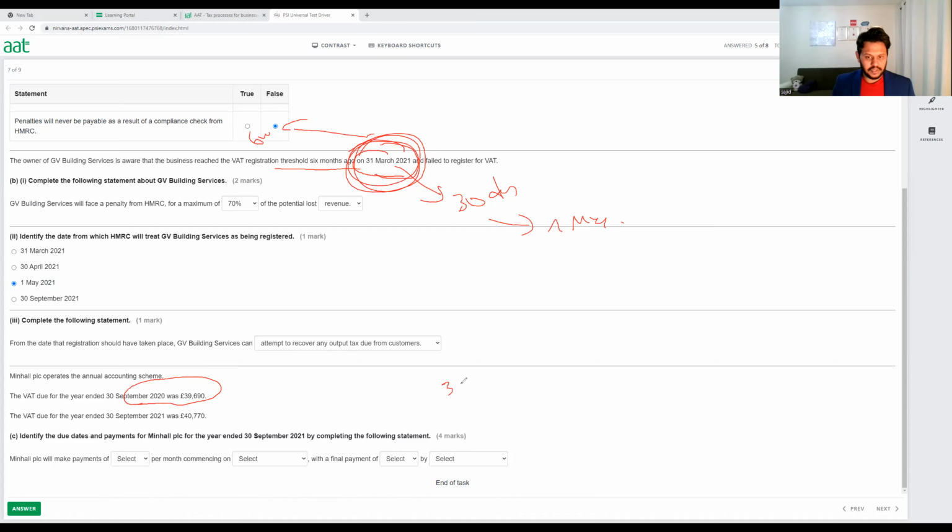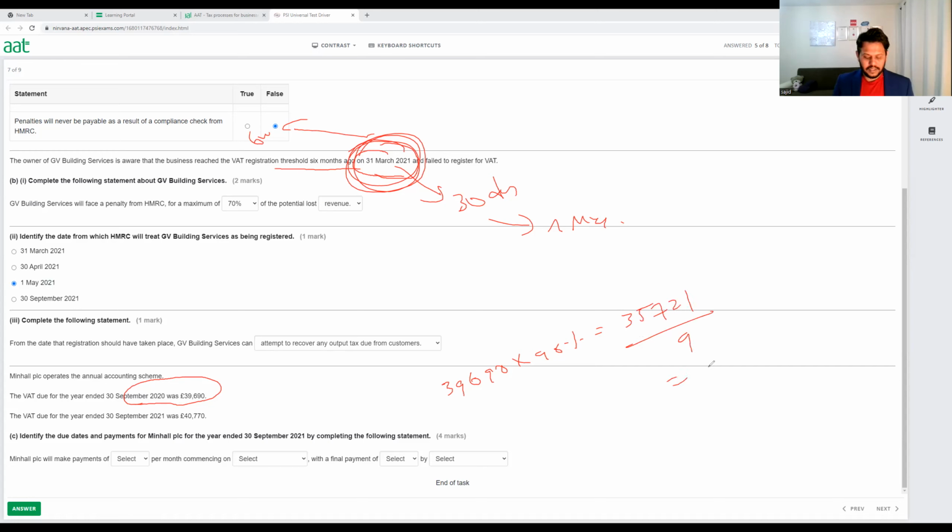So we have 39,690. We'll take 90% of that. So 39,690 times 90% is 35,721, divided by 9.